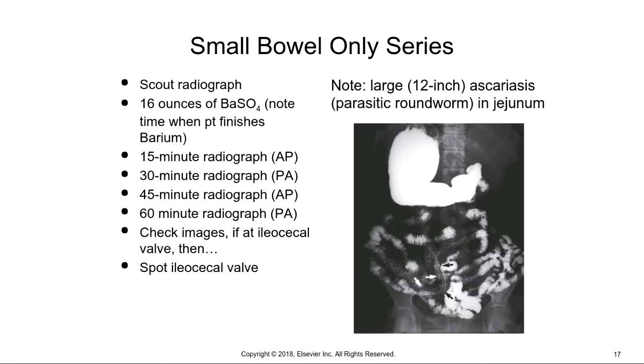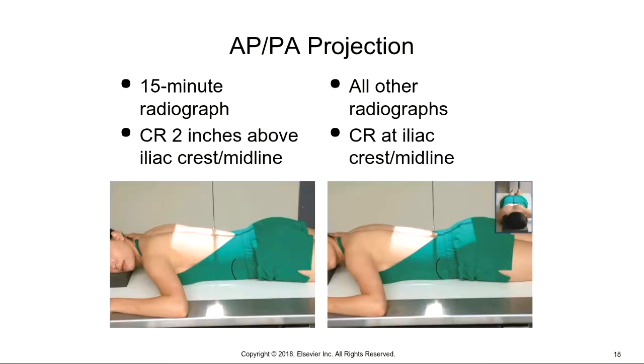All right. When we do the first image on the patient, this would be the 15-minute radiograph, which is 15 minutes after they finish their barium. At that point, you would lay the patient either on their back or on their stomach.